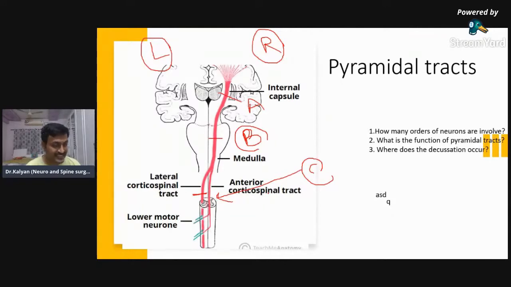I'm waiting for more answers. Dr. Kishan says he will have weakness on the same side. On the left side. Right. That is on the same side.